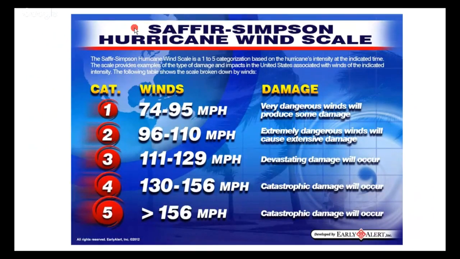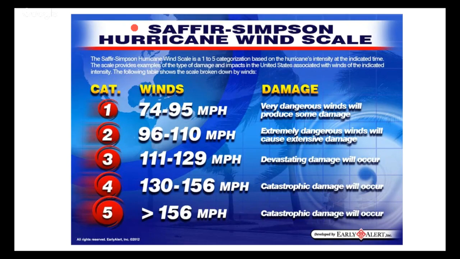Now, during the hurricane season, we use this wind scale. What's the name of the wind scale? Saffir-Simpson wind scale. All right, Corey, a category 1 has winds of what? 74 to 95 miles per hour.